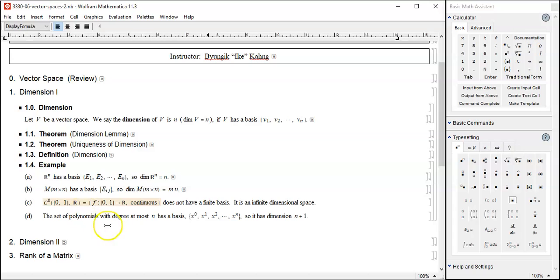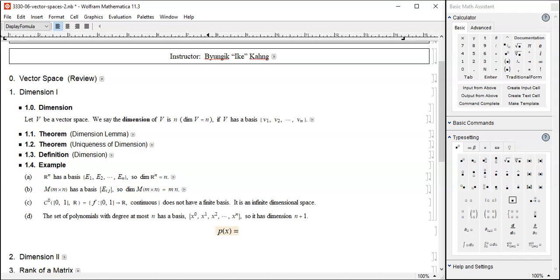Finally, here's an interesting problem. Set of all polynomials. Say for example, we have polynomial addition and scalar multiplication, and you can prove that those actually form a vector space. It's not too difficult to do that.